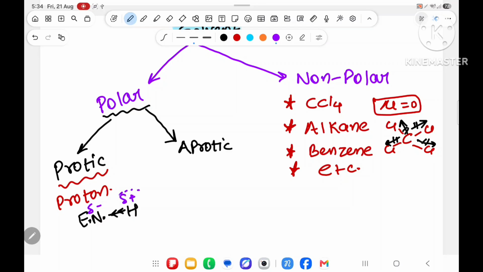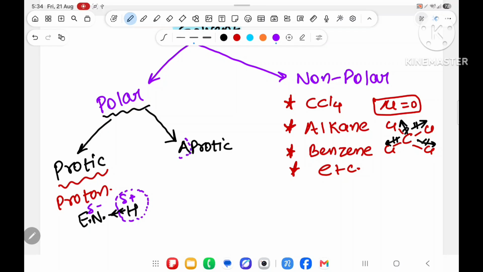So those compounds which have an electronegative atom like fluorine, chlorine, bromine, iodine, or oxygen or nitrogen, and if hydrogen is present attached with the electronegative atom, that solvent is known as polar protic solvent.